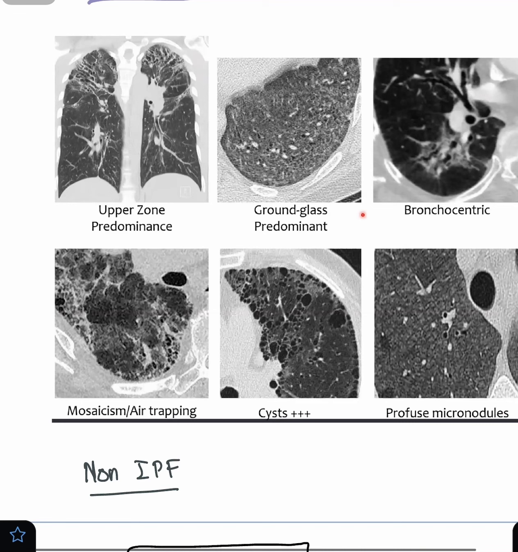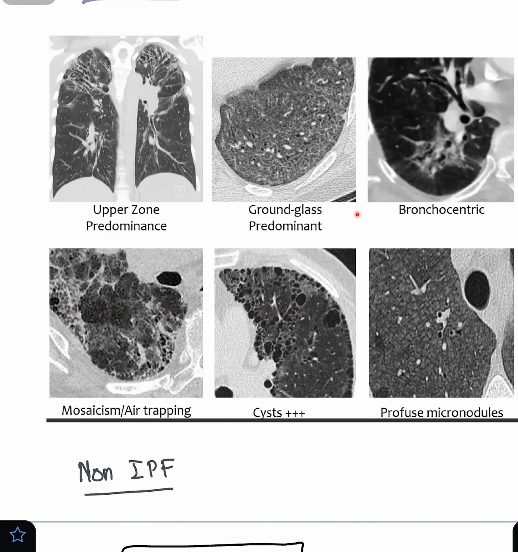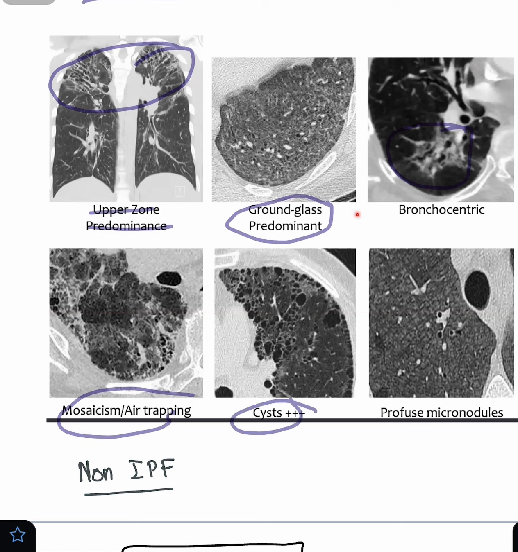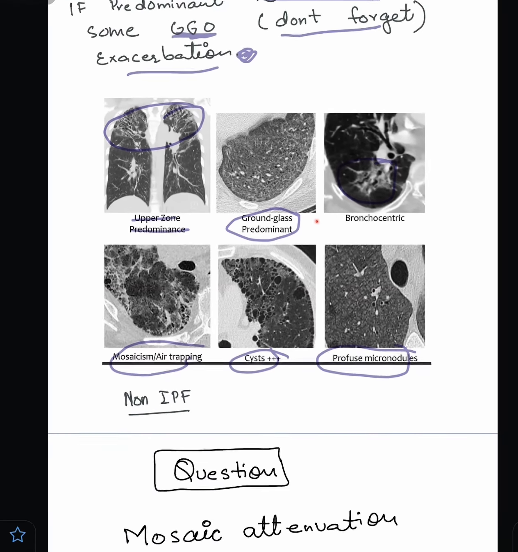There are some other features which are not consistent with IPF, like upper zone predominance, mostly in HP, ground glass predominant, bronchocentric, air trapping or mosaicism in HP, cysts or profuse micronodules. These are the features which are not consistent with IPF.